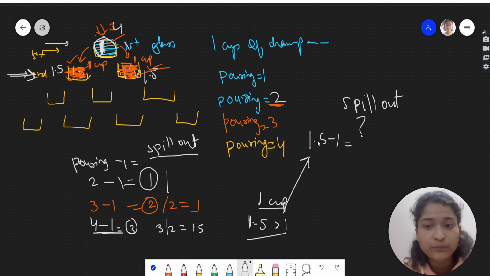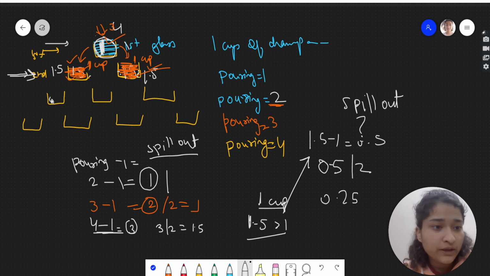So 1.5 minus 1: 1 will get stored here and the rest, 0.5, will spill. The spill will be equally in left and right both the glasses. So 0.5 divided by 2 will be 0.25. So 0.25 will come here and 0.25 will come here, left and right.